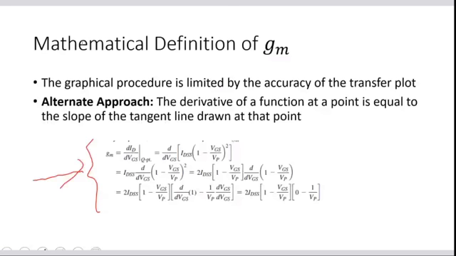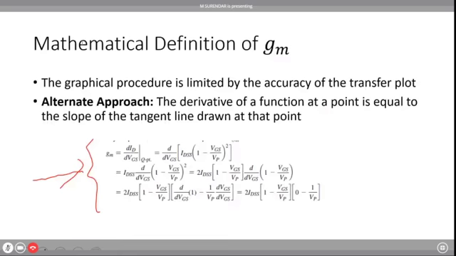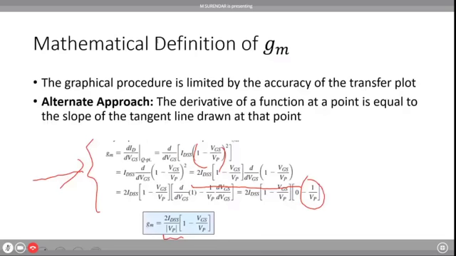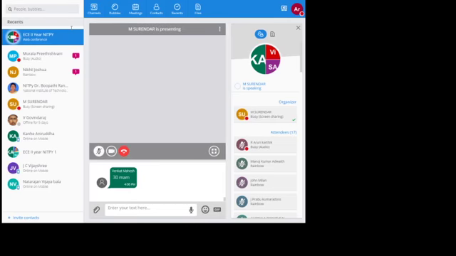Since we have 1 minus VGS by VP the whole square, we take the 2 here, and on differentiating we end up with GM is equal to 2 IDSS divided by the magnitude of VP, into 1 minus VGS by VP. Notice it is given as the magnitude of VP, because here it is minus VP and the outcome would be negative, but the transconductance value should always be positive.